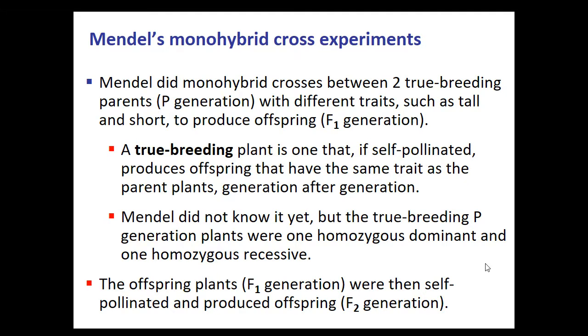So if you do this with a plant that produces yellow seeds, the next generation will have all yellow seeds, do that again, the next generation, all yellow seeds. We call that a true breeding plant. And he didn't know why they were true breeding. Now we know that just means that plant is homozygous.